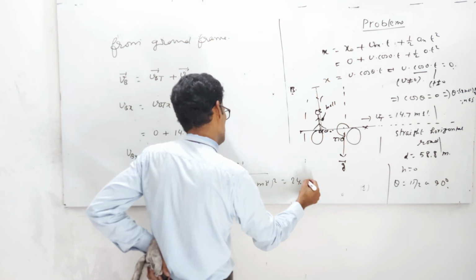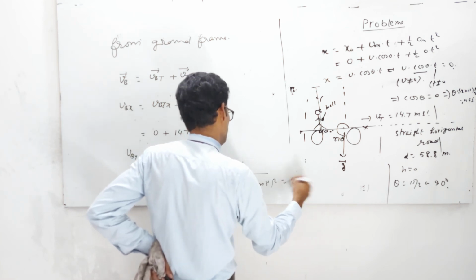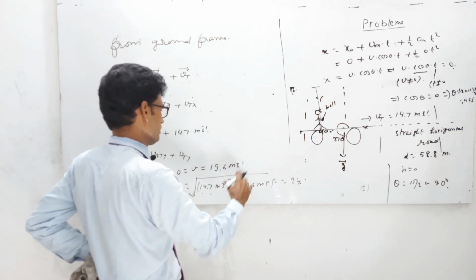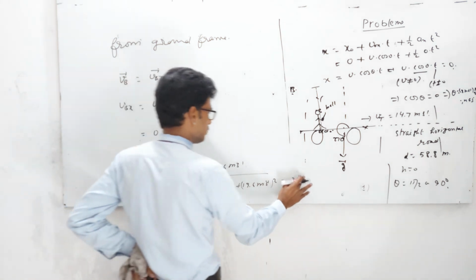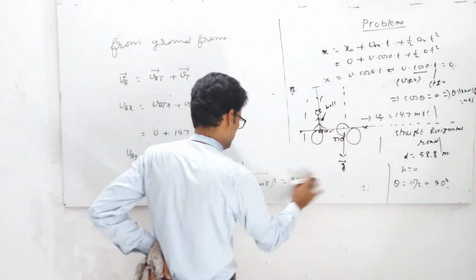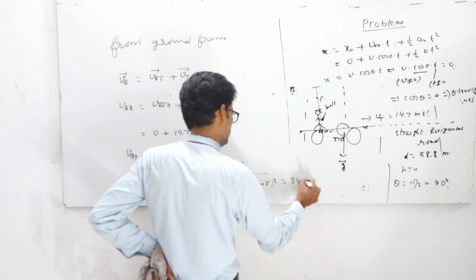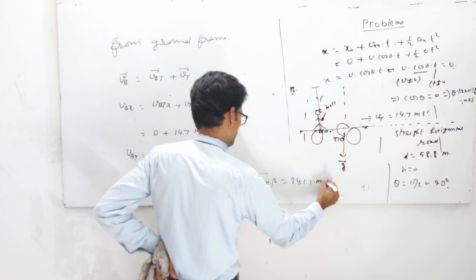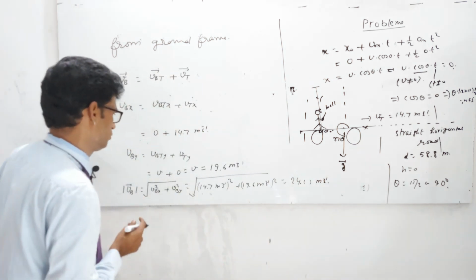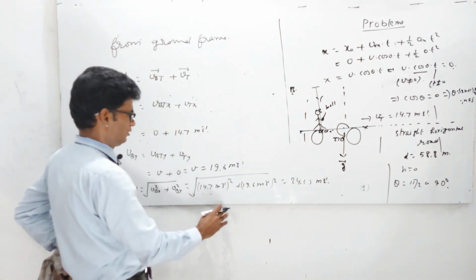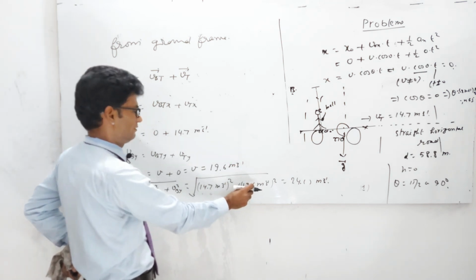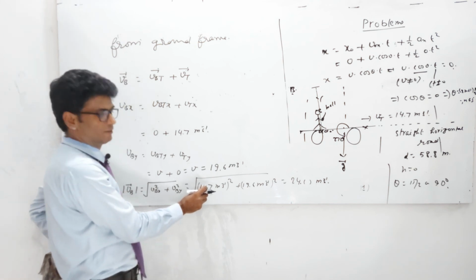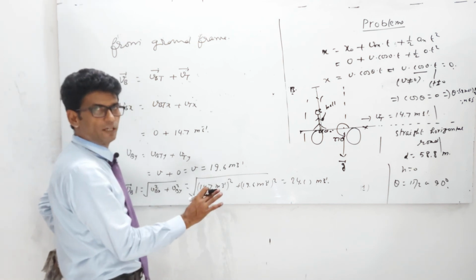So after finding, it comes out to be 24 point something. We have to find 14.7 squared plus 19.6 squared. So 20 squared is 400, and 15 squared is 225, so altogether 625.